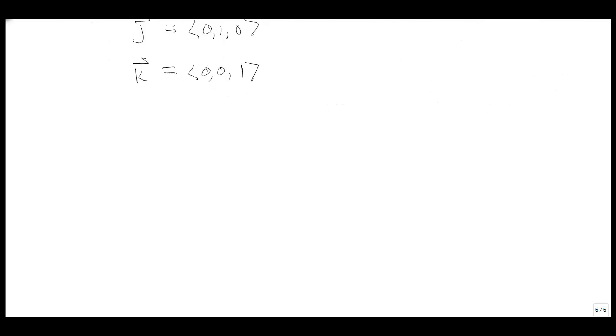Now, one more thing we might want to be able to do here with the unit vectors is this. For any vector v, as long as that v is not the 0 vector, it turns out that if I take v and divide by the magnitude of v, note this is really 1 over the magnitude of v times v.